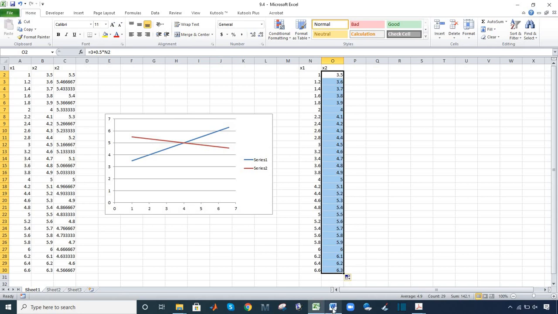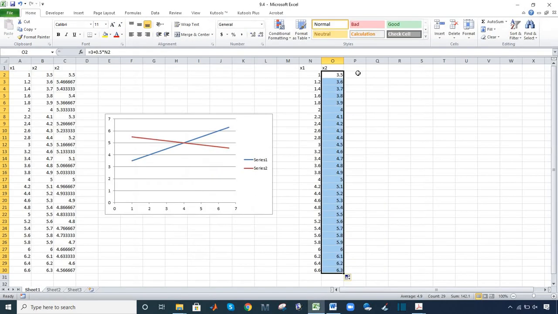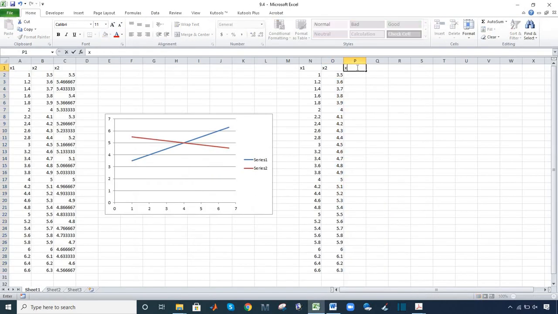I have solved the first equation, and now I have to solve the second equation, x2. What is x2?